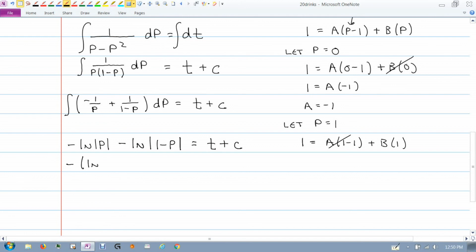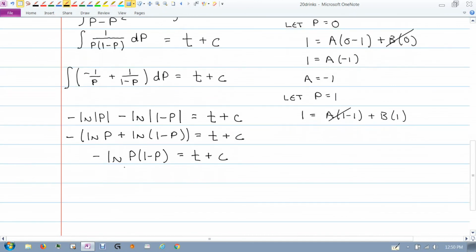And once we do that, we get natural log of p minus natural log of 1 minus p equals t plus c. The reason I did that is to use a property of logs, so I can put those two logs together as p over 1 minus p like that, and then a negative out front, and it equals t plus c. And then that's just negative natural log of p minus p squared equals t plus c.